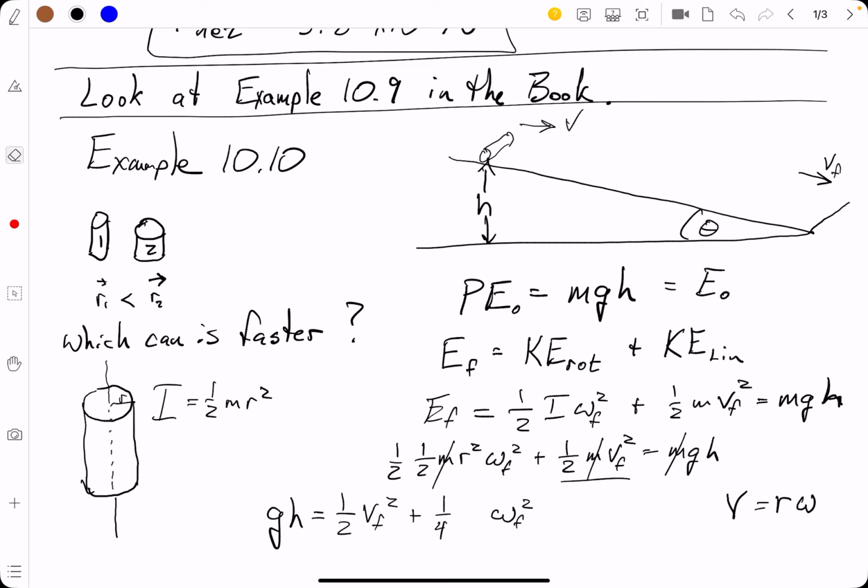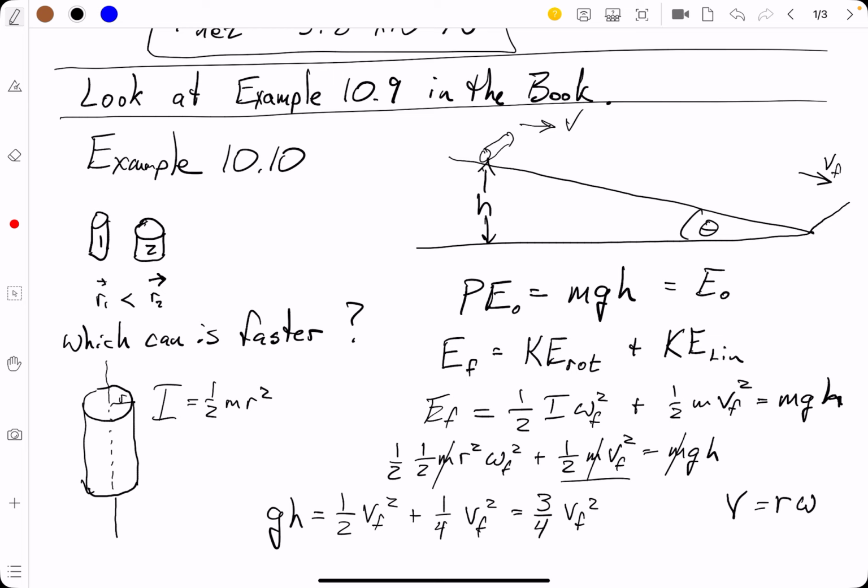So I'm going to delete this and say that this is our final velocity squared. And if we add those two things together, we've got 1/2 plus 1/4, that's 3/4, v final squared. So gh equals 3/4 v final squared.